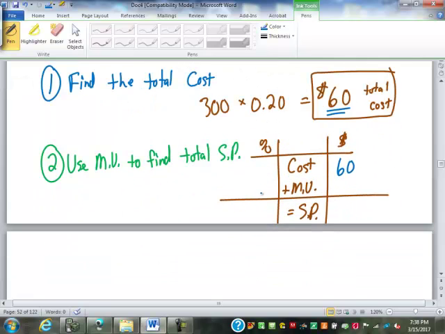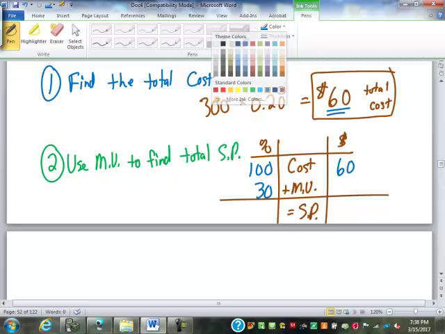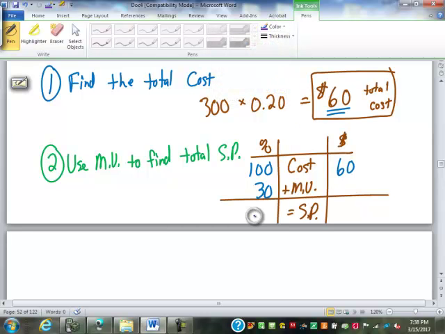So the 30 goes on the percent side of the markup. 100 goes on the cost. This number is going to be 130.